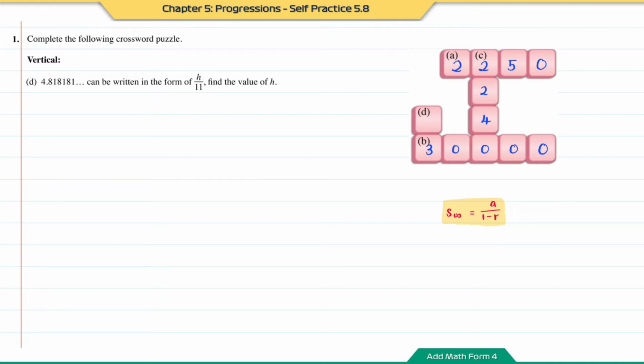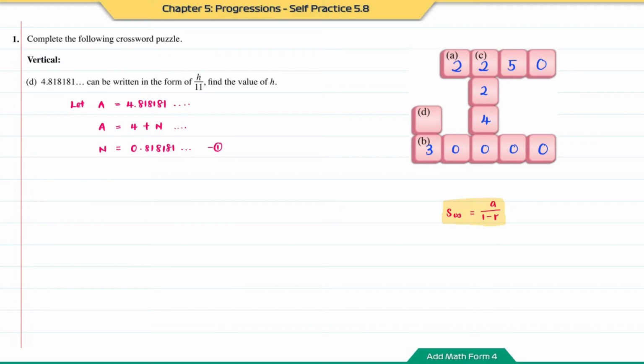For method number one, first, we're going to let this 4.818181 and so on as a. For the decimal part, as this is a recurring decimal, we can label it as n. Therefore, here the n will be 0.8181 and so on. For the first part, I'm going to label it as number 1.